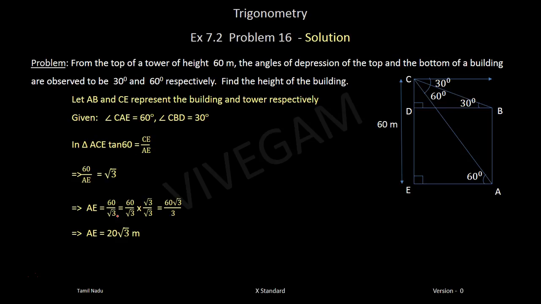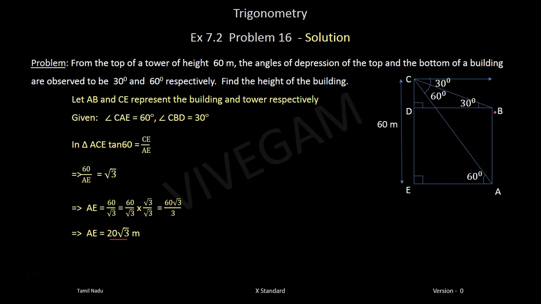Multiply both the numerator and denominator by root 3. You will get 60 root 3 by 3. And 3 will go 20 times, so it becomes 20 root 3. So AE is 20 root 3, and BD is also 20 root 3, as these two lengths are equal.